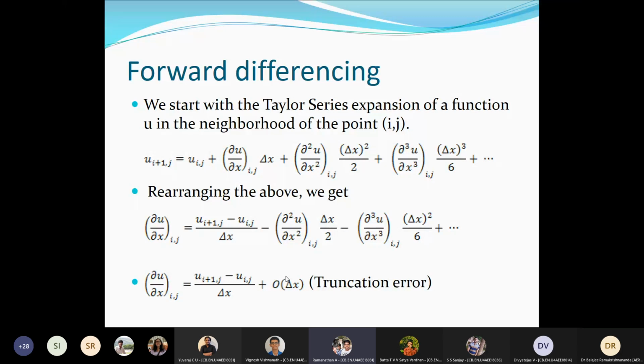So order means it is not exactly equal to delta x. If delta x is 0.01, my error may be in the range of maybe 0.002 to 0.1, or maybe 0.015, 0.16. Somewhere there. Understand?